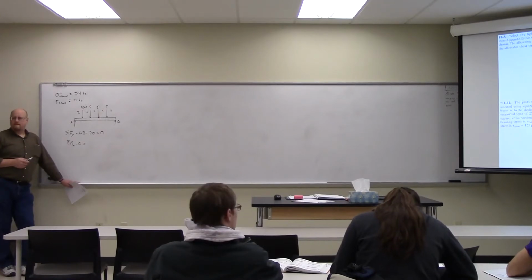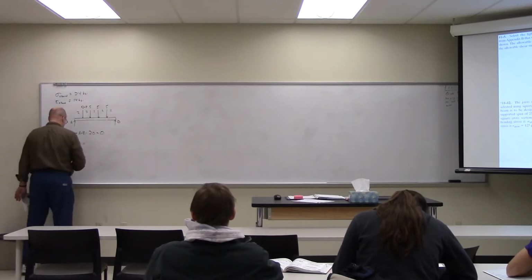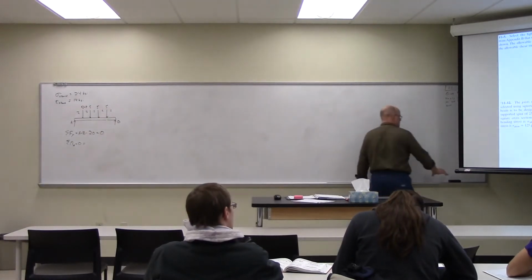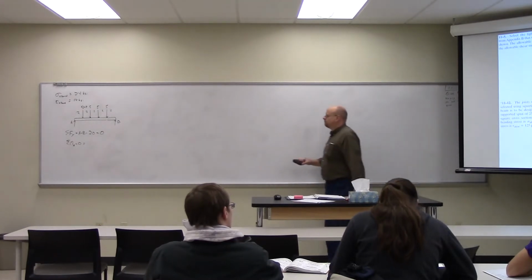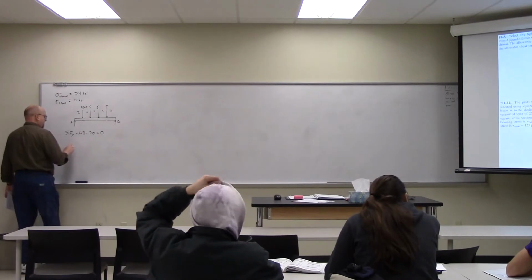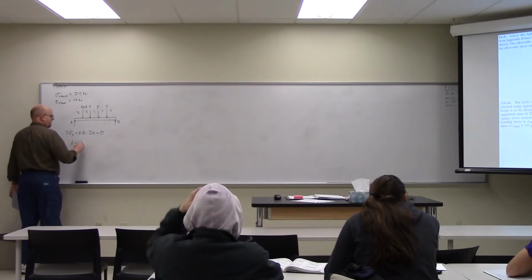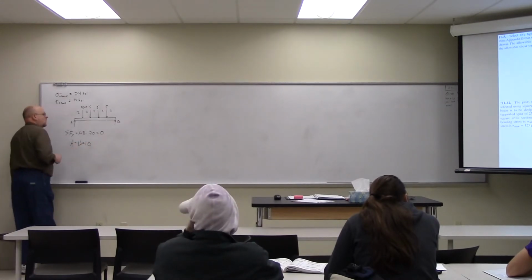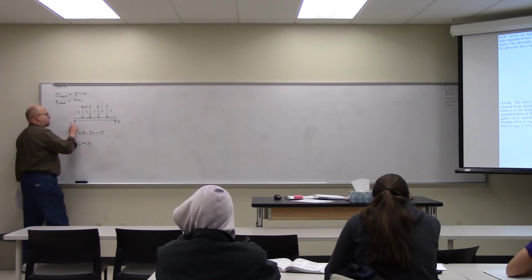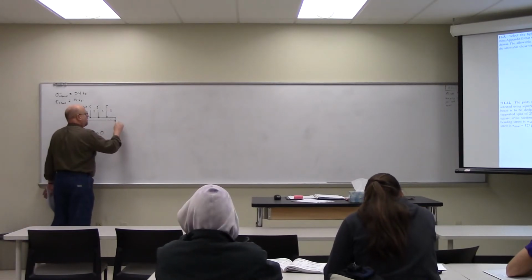Because it's symmetrical, A and B are going to be the same. Right, because of the symmetry, we know that A and B are both going to equal 10. Okay, so we know what they are. Now what?